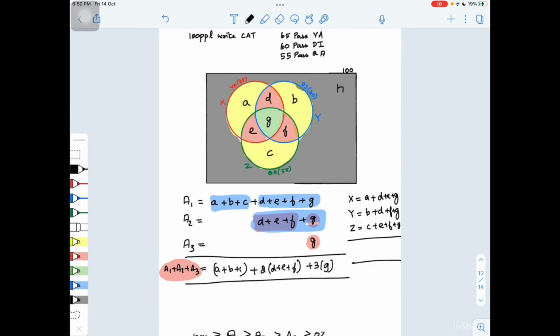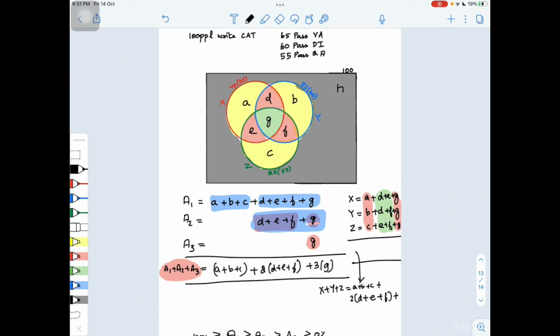When I add all these, X plus Y plus Z, what do I get? Once again, I am getting A, B, C added one time, A plus B plus C. And once again, my D, E, F comes two times here, plus 2 times D plus E plus F. And what happens to my G?